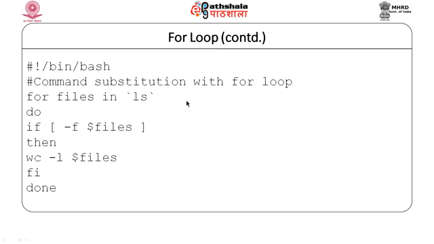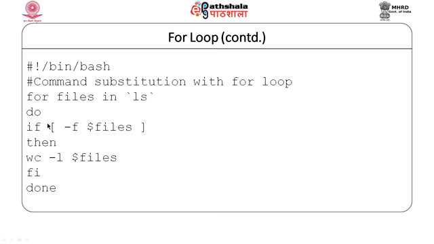So, for each file in the list, my loop is going to iterate that many times, and I am checking whether the file exists or not. If the file exists, I am counting the number of lines within those files. So, this is a script which will output the number of lines for each file that exists in my directory. You can see I have used a combination of for loop and if condition.